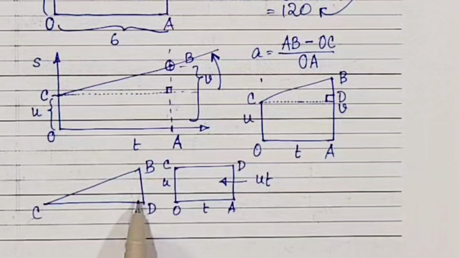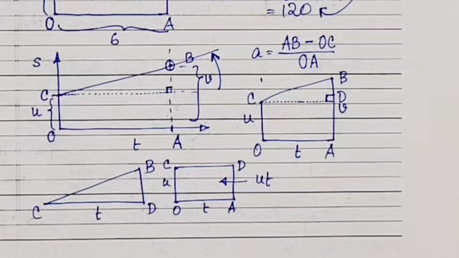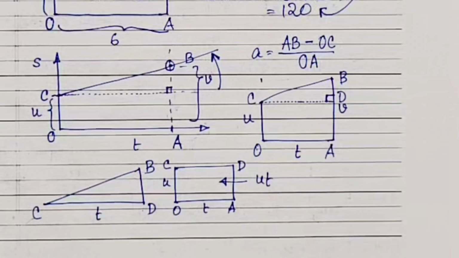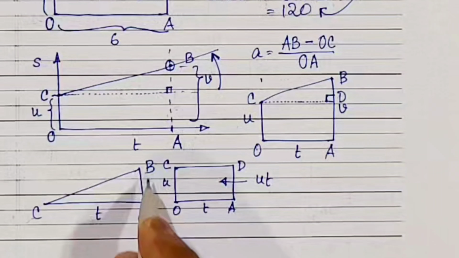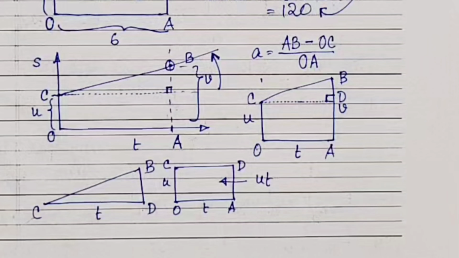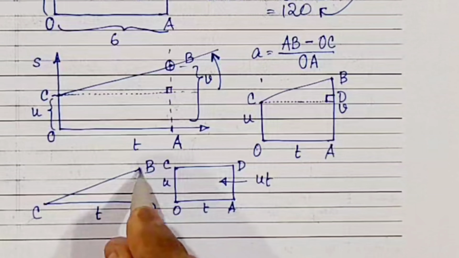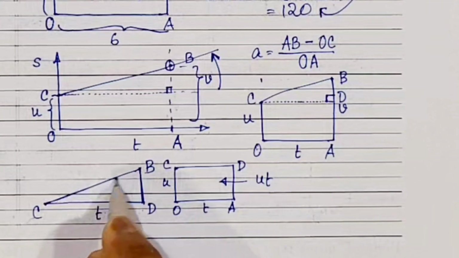What is the area of this triangle? CD is T. You need to figure out what is BD. BD is the change of speed.